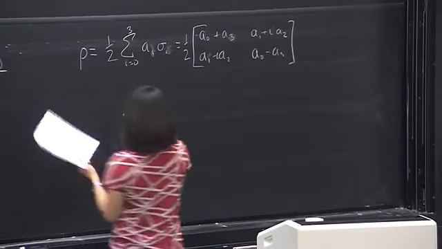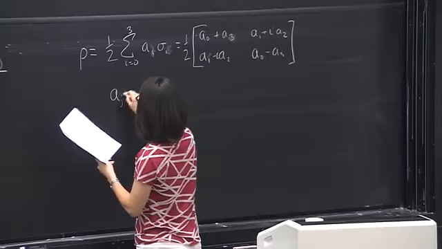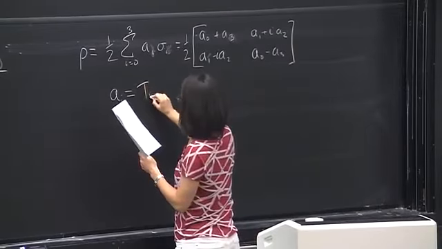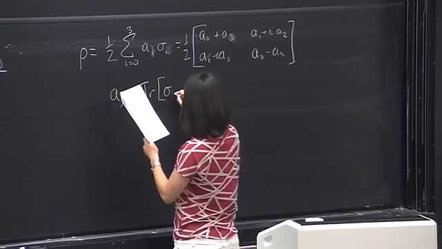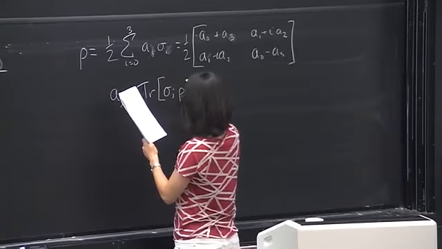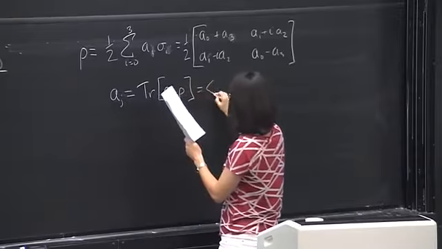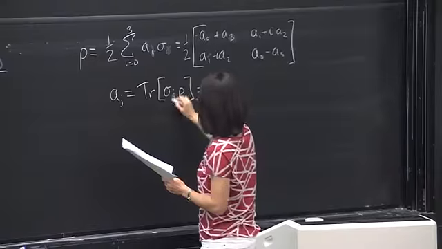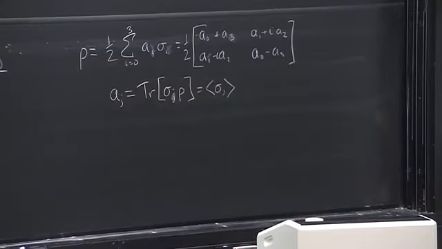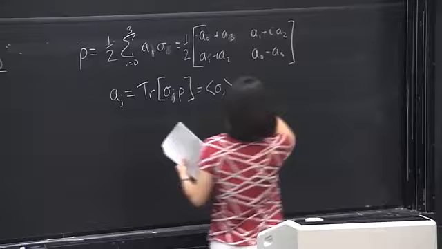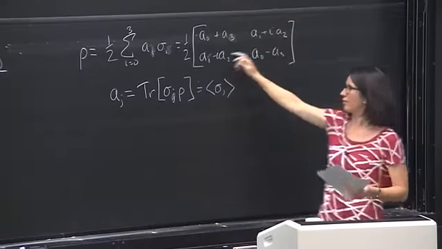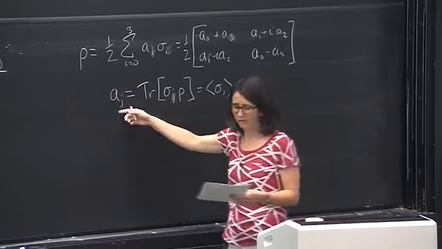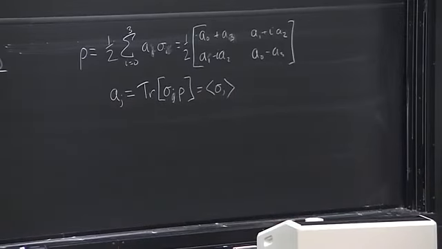You can invert this, and you can then see that these numbers A are just given by the trace of the product of the Pauli matrices with the density operator. You can check this for yourself. Take this expression for the density operator, put it back in here, and compute the trace, and you'll get back your expressions for these coefficients.